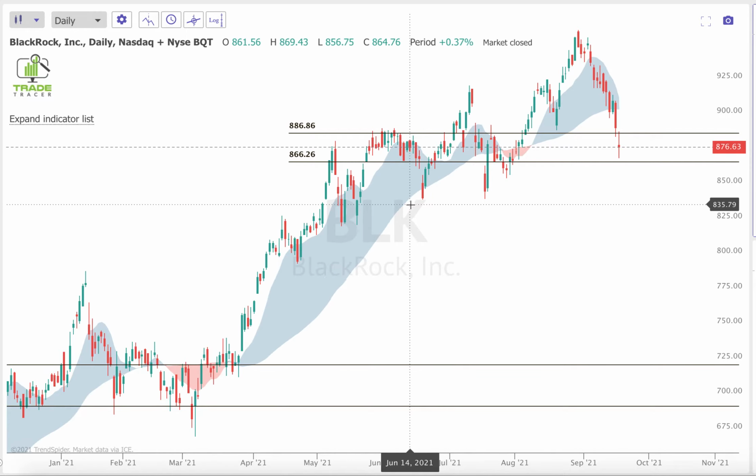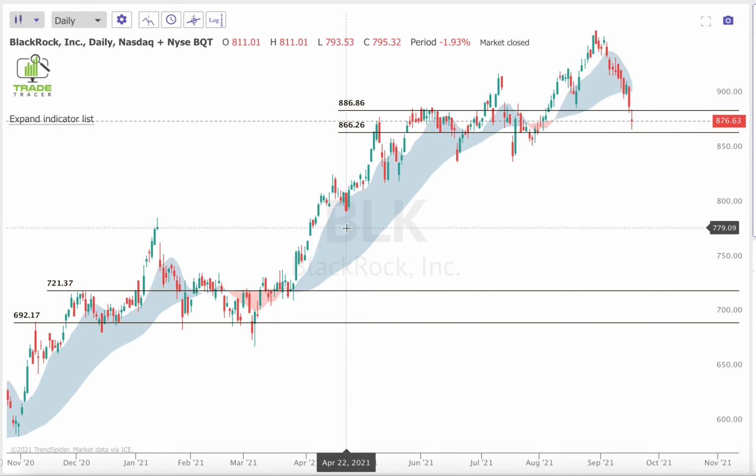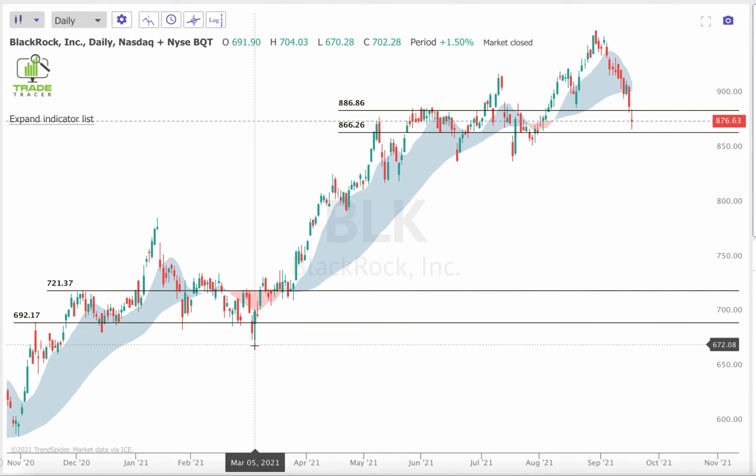After I've gone through this exercise, I will go back and do Fibonacci retracements or Fibonacci extensions, depending on if I'm looking for an upswing or a downswing. Here we'll do a Fibonacci retracement.